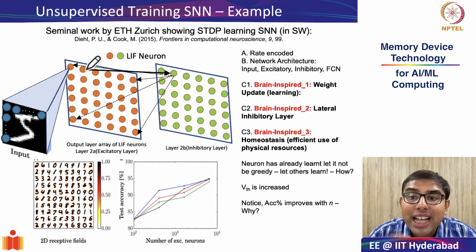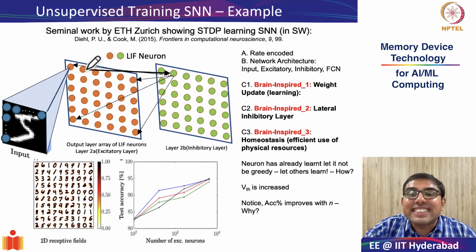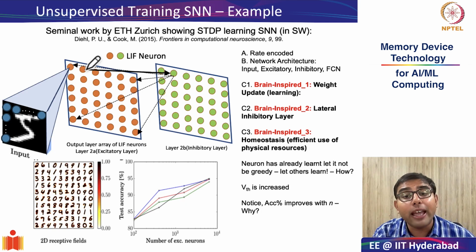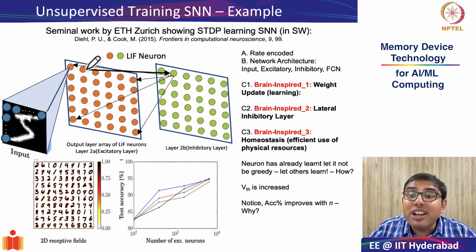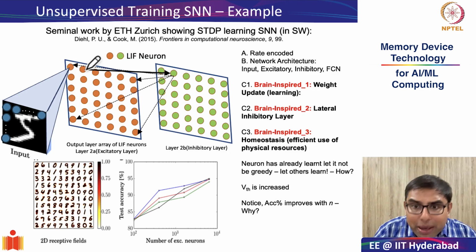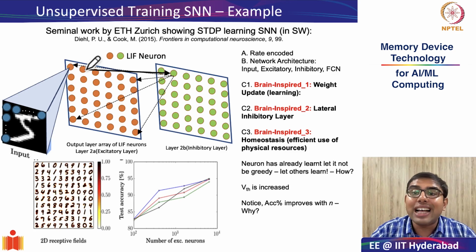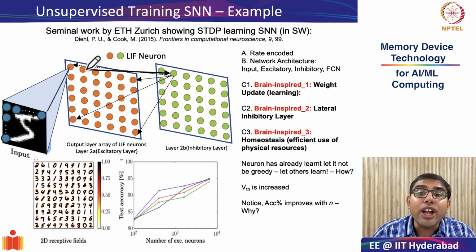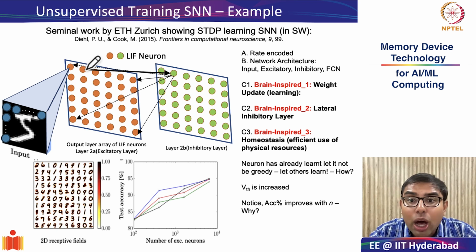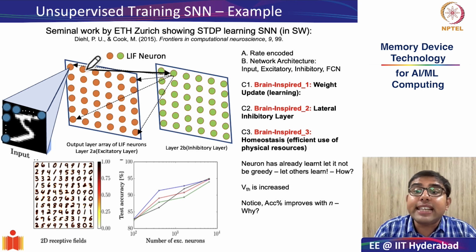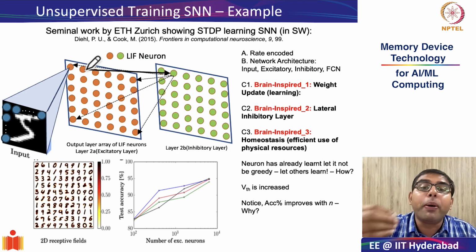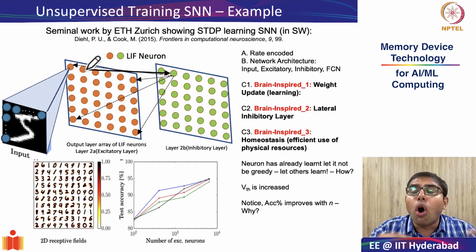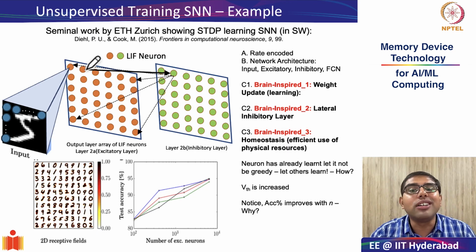Now, let us imagine, for one training cycle, and this is homeostasis being implemented with different training cycles, that one neuron has already learned a particular pattern very well, and it fires often and dominates during one particular training. Now, if we allow that to always continue, the same neuron will keep winning every time and the others would never get a chance to learn.